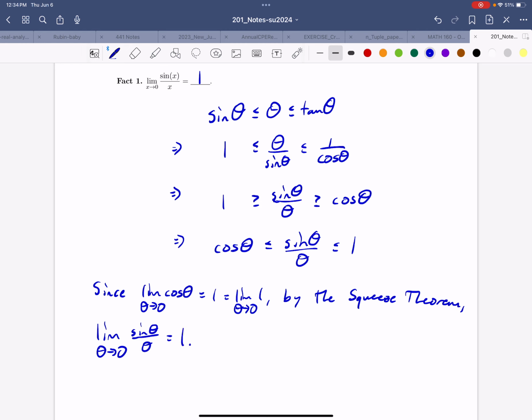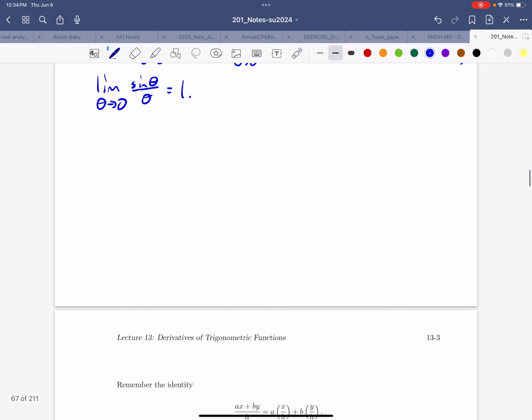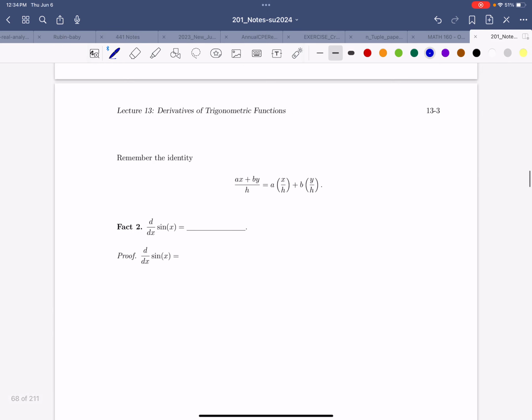And yeah, you could use x's if you want, but we're using angles, so I say theta. All right, so great. We have that result.